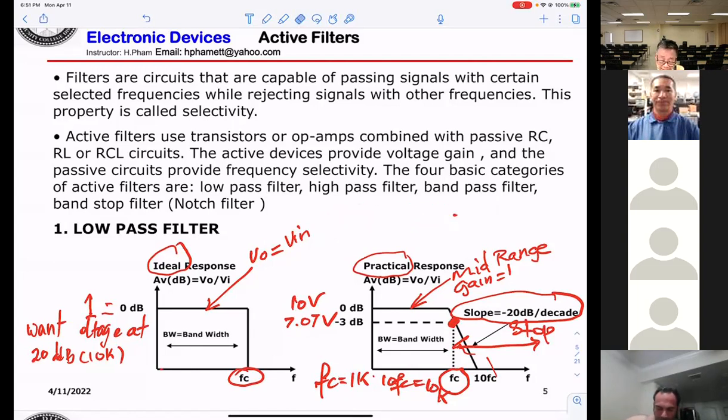You have to find out how you get minus 20 dB. Log of what number in order to get minus 20 dB?